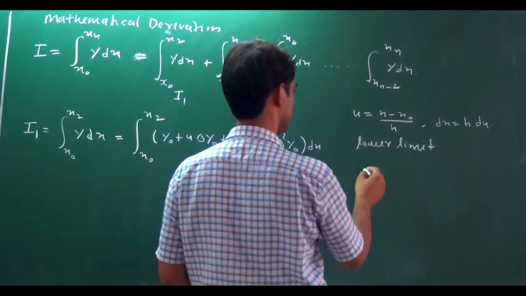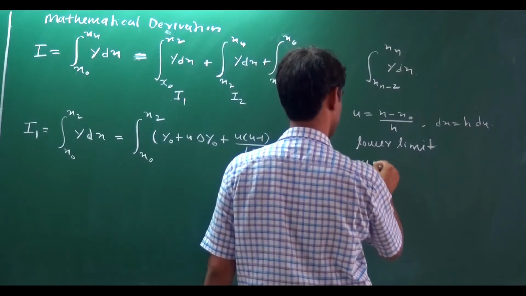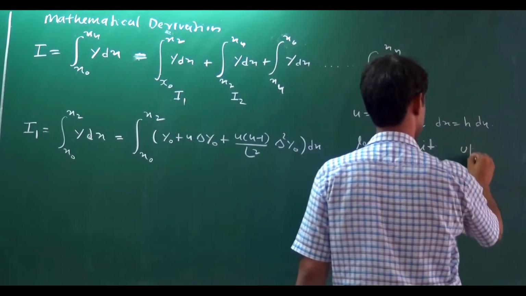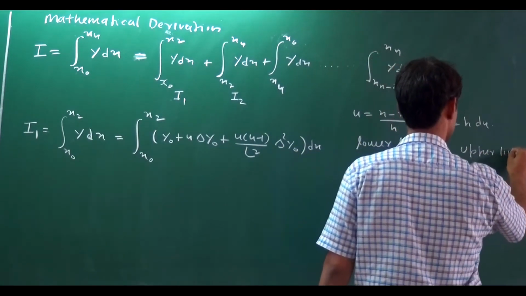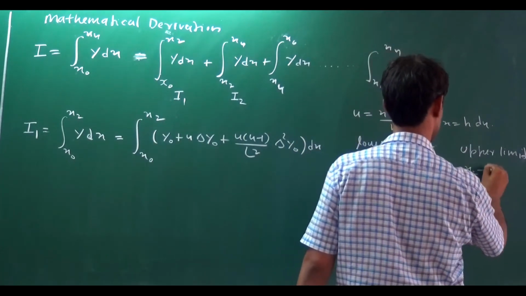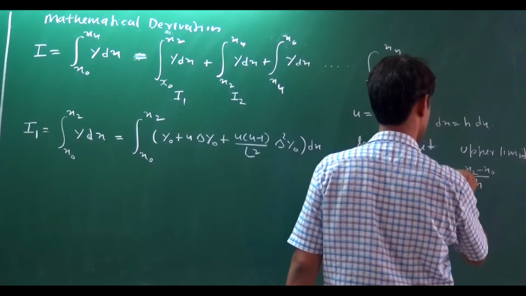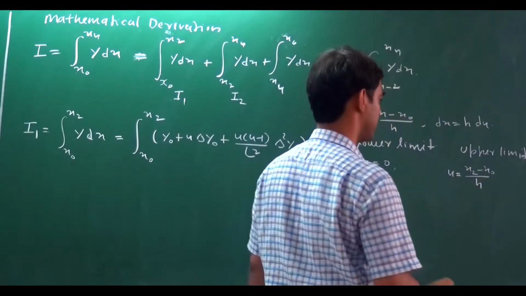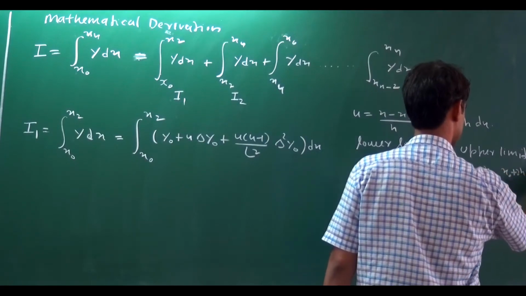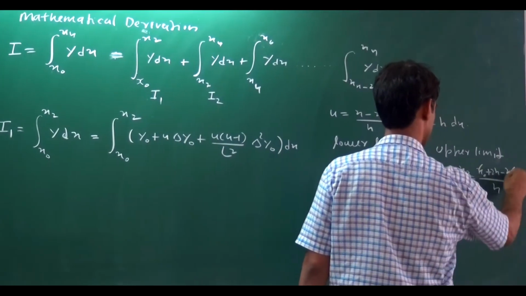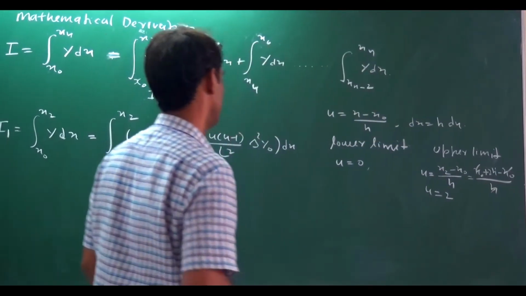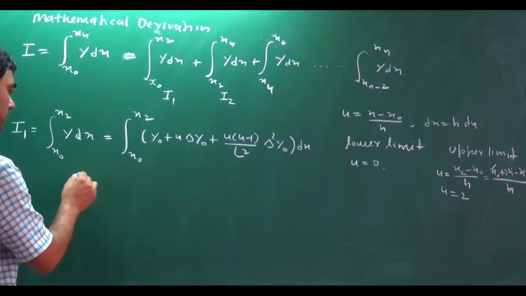If we put x equal to x0, then u becomes 0. And the upper limit: if we put x equal to x2, u equals x2 minus x0 upon h, so x0 plus 2h minus x0 divided by h, the h cancels out, and the upper limit equals 2.